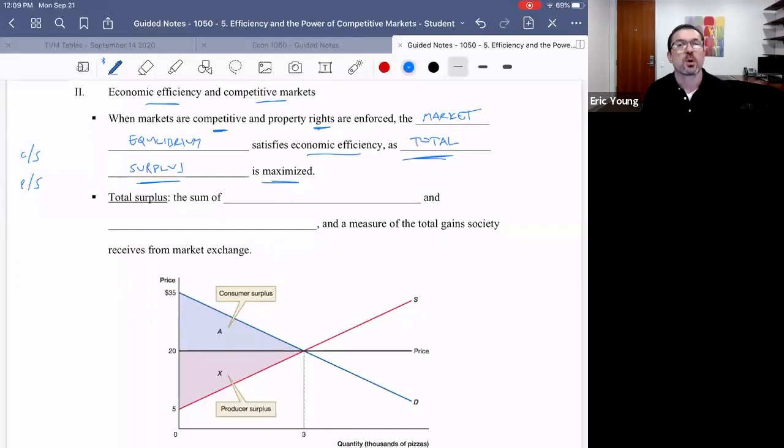surplus. Total surplus is a new concept, but you already know the basics behind it, because total surplus is simply the sum of consumer surplus and producer surplus.